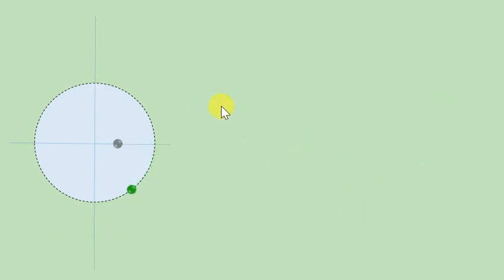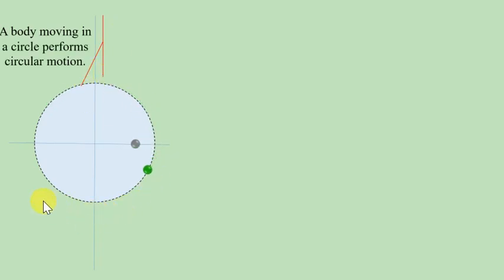Then the question is, what is the link between circular motion and simple harmonic motion? Here, you can see this particle moving along the circle is a circular motion, while this one that is moving along the diameter here is an oscillatory motion.